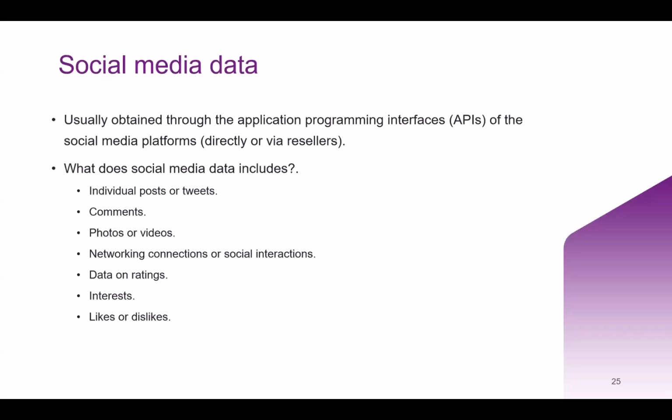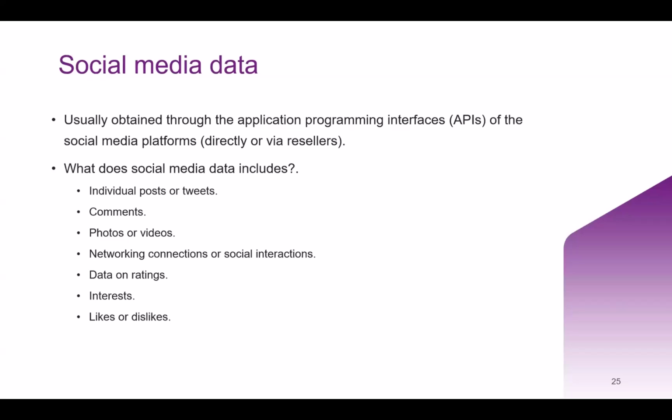So the data is usually obtained through the application programming interfaces, APIs, of the social media platforms. APIs are provided by social media platforms to enable controlled access to their underlying functions and data. And an API acts as an interface between the social media platform and a consumer of social media data.